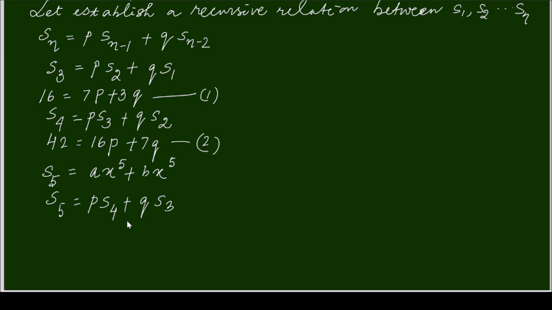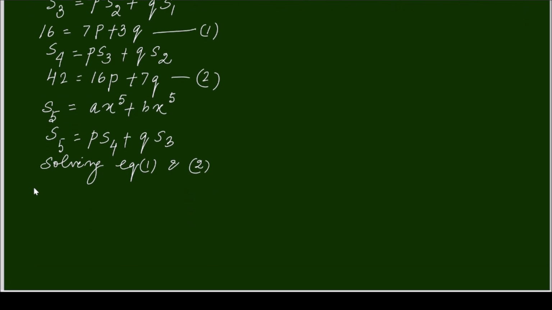So for that we need P and Q. So we'll solve equations 1 and 2. 7p plus 3q equals 16, and 16p plus 7q equals 42.